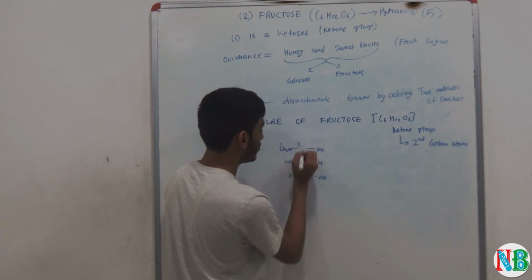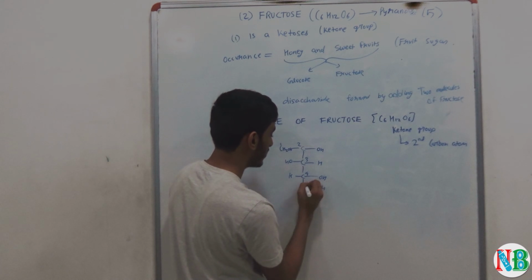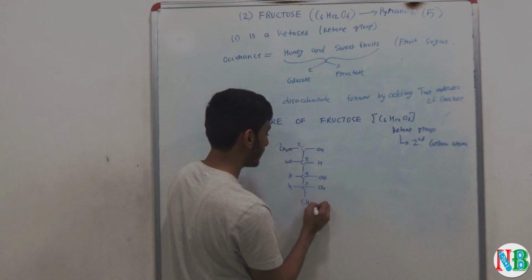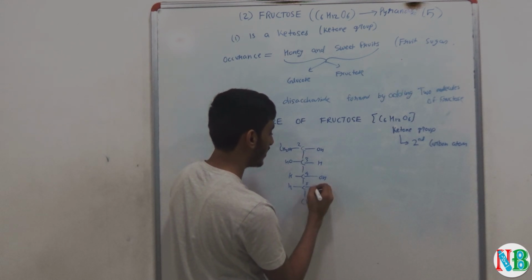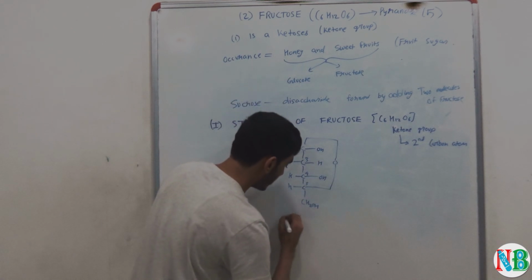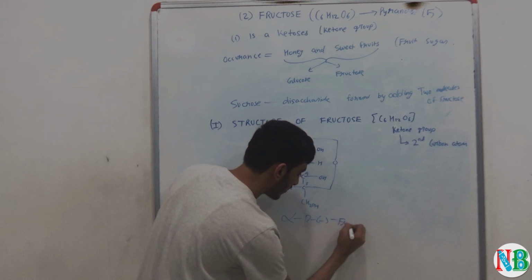Till now I've drawn 1, 2, 3, 4. The 5th atom has OH on the right, H on the left. The 6th atom is CH2OH. So if the OH is on the right, it will be named alpha-D-fructose.